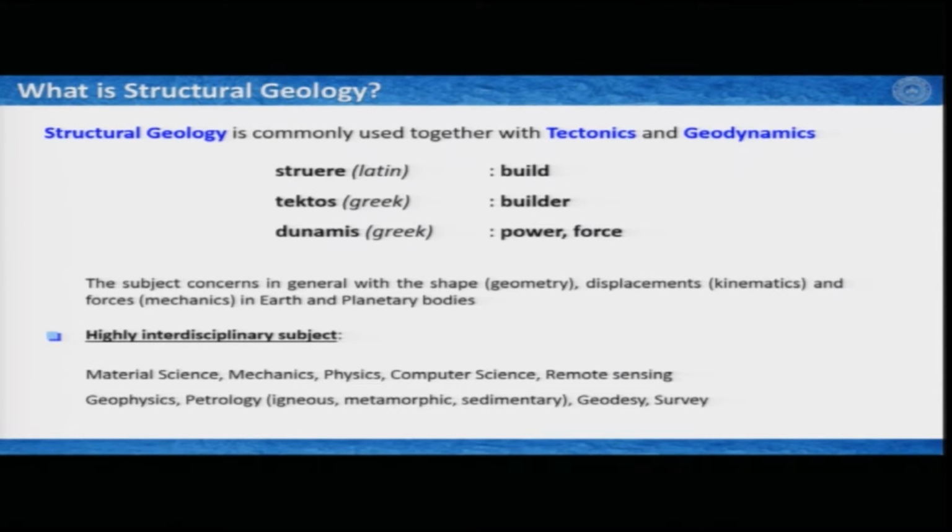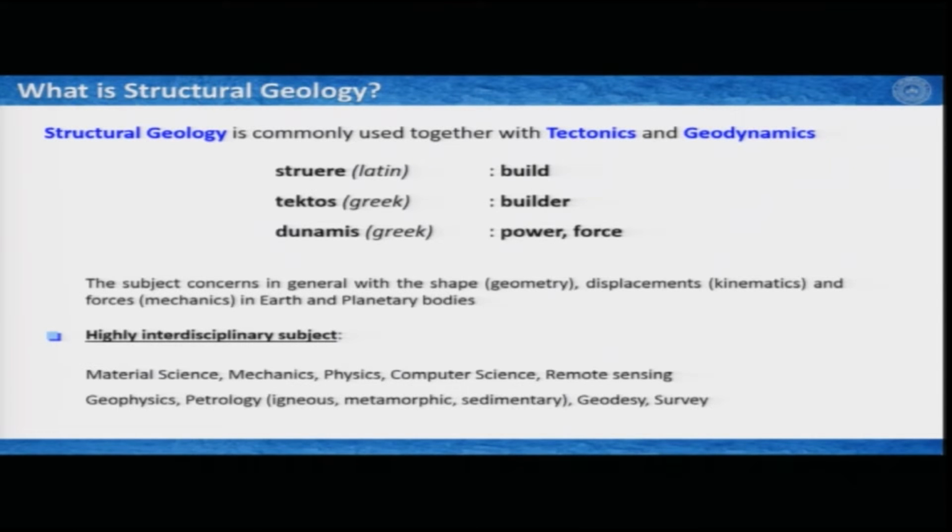Structure comes from the Latin word struere, that means build. Tektos is a Greek word from which we have the word tectonics, that means builder. And then dunamis is a Greek word which means power or force.